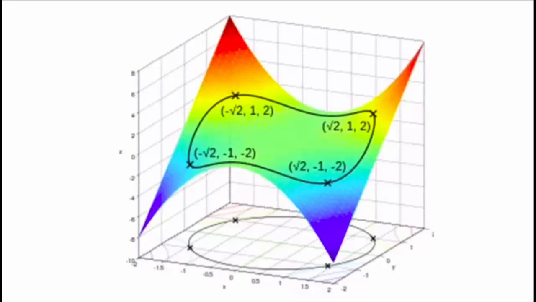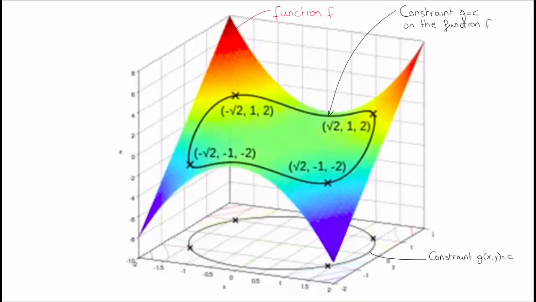We have our colorful three-variable function f and the constraint g of x, y equals c down on the xy plane. This constraint is drawn on the function f, superimposed on f. We can see the maximums of the function f on the constraint here and here.